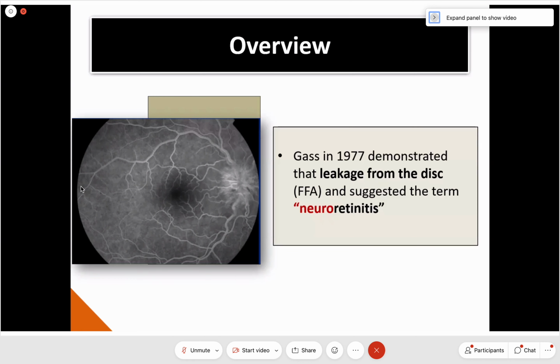It was about 50 years later when the FFA became popular after 1960. When Gass in 1977, he did FFA for the stellate maculopathy patient, and he found that actually in FFA, the leakage was actually from the disc and not at the macula. So he suggests to change the term of stellate maculopathy to neuroretinitis, means the inflammation started from the optic nerve.